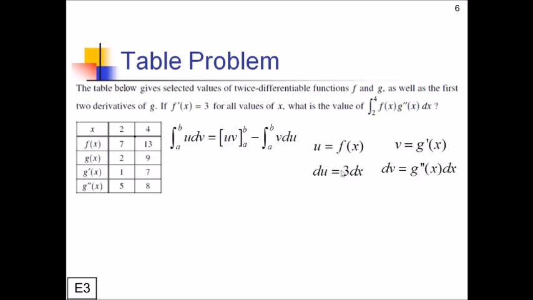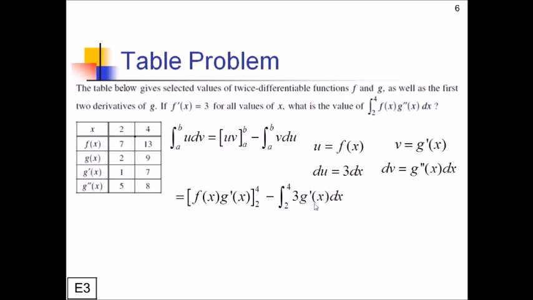Okay, putting it all together, we've got evaluation box here, f of x times g prime of x, evaluated from, they said, 2 to 4. And then we also have minus the integral of 3 g prime of x dx, evaluated from 2 to 4. Let's go ahead now and take the antiderivative of this one here.